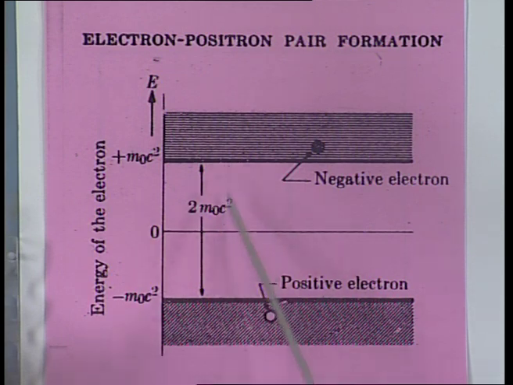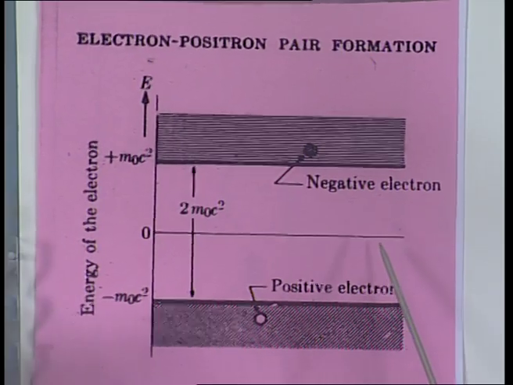The difference between these two is 2 times m0 c square. So, our equation says that the amount of energy supplied must be 2 times m0 c square plus the kinetic energy of the positive electron and the kinetic energy of the negative electron. Like this, a pair of particles called an electron-positron pair is formed.